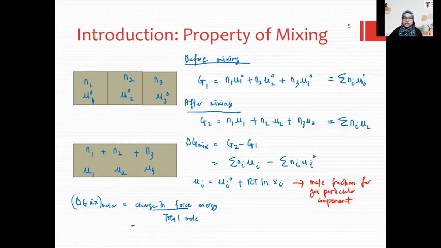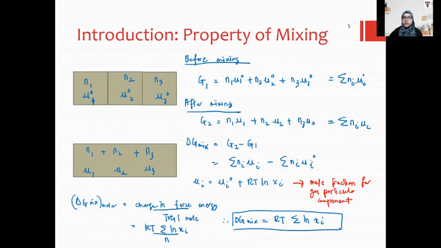So it gives us RT summation of Xi ln Xi over N. Okay, if the total mole is equal to 1, then delta G mix is equal to RT summation of Xi ln Xi. So this is the equation to describe the delta G of mixing.